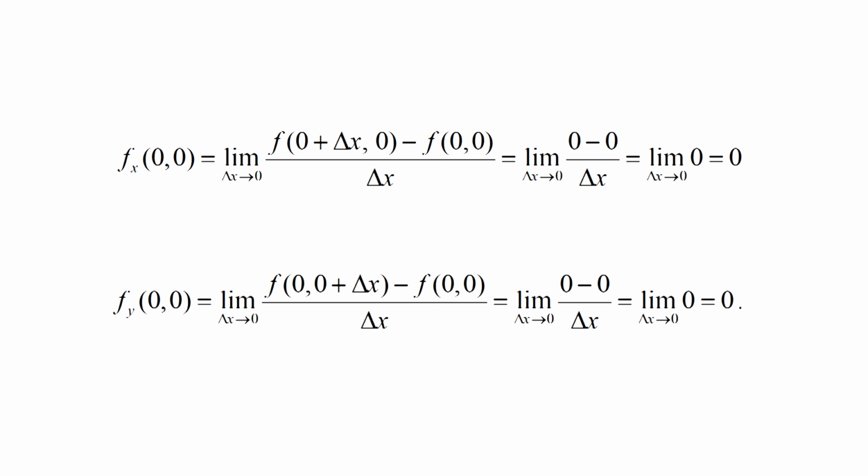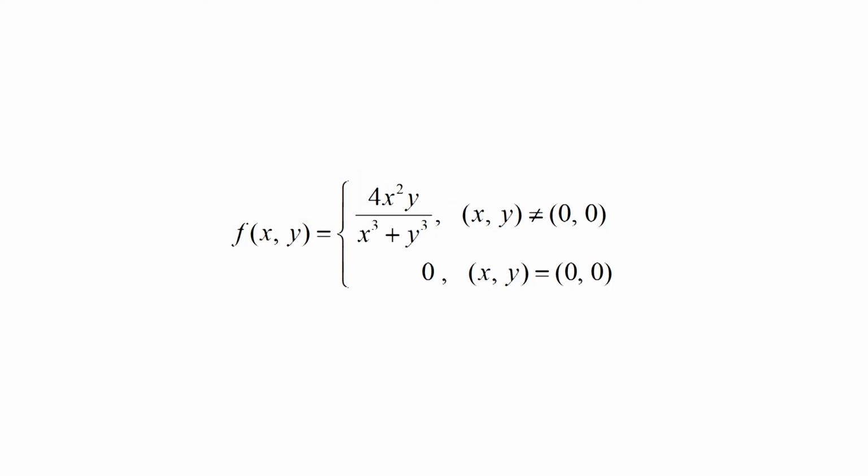This shows that f has partial derivatives at (0, 0), and the values of the partial derivatives are 0 at that point. In the previous session, we have seen that the function f(x, y) is equal to 4x²y/(x³ + y³) when (x, y) is different from (0, 0), and 0 when (x, y) is equal to (0, 0), is continuous at every point except the origin.